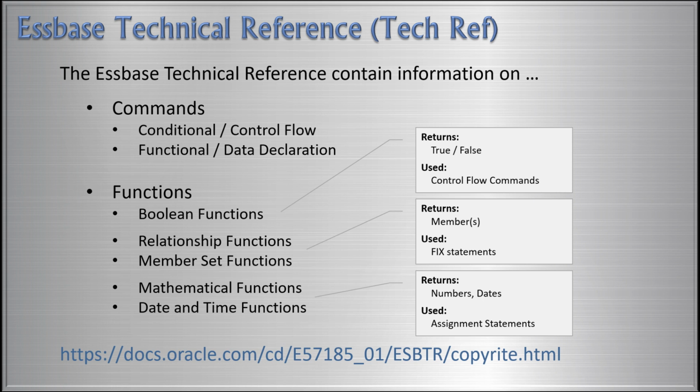There are relationship functions and member set functions that will return members as their result, and they're used in fixed statements. Finally, there are mathematical functions and date and time functions which return numbers and dates, and they're used on the right-hand side of assignment statements.